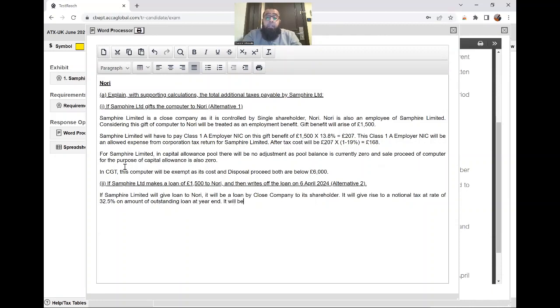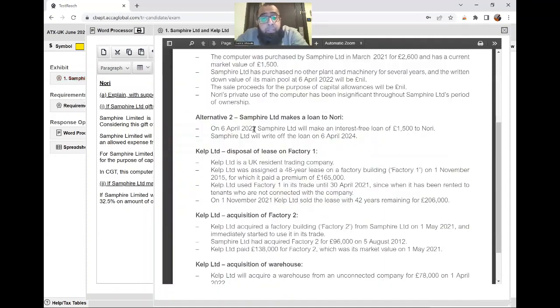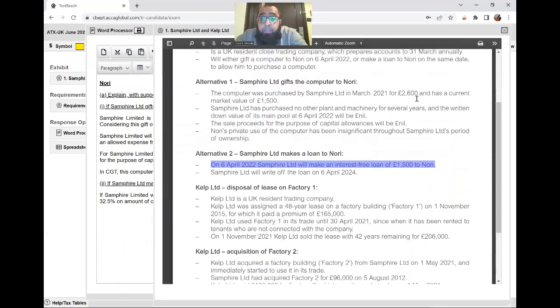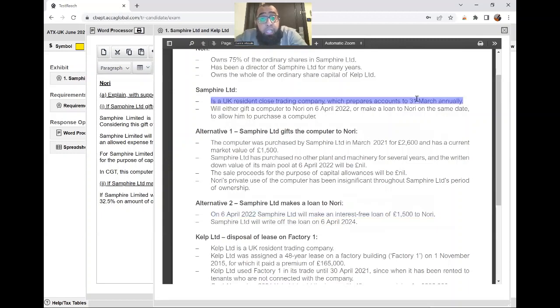It will be payable by Sapphire Limited. Now, if you look at the situation, the loan will be outstanding because the loan will be given in 2022 and it will be written off in 2024. Between 2022 and 2024, obviously there will be a year end because the year end is 31st March. So yes, we have to pay the deposit.